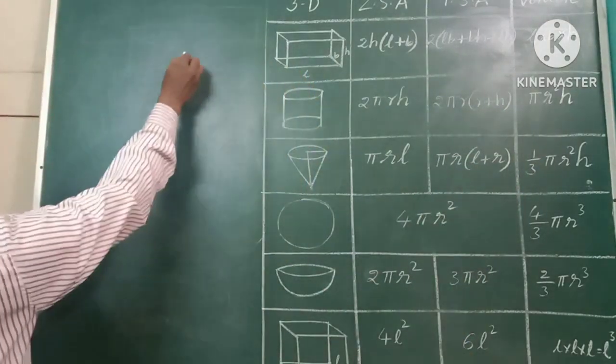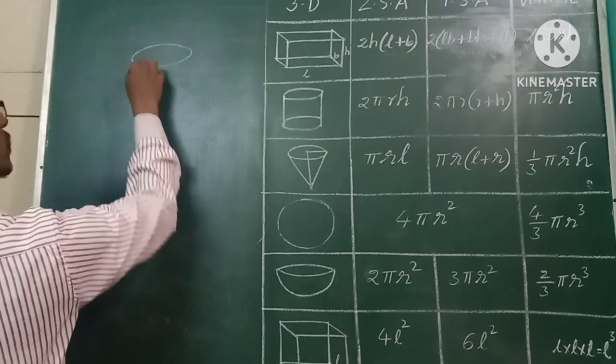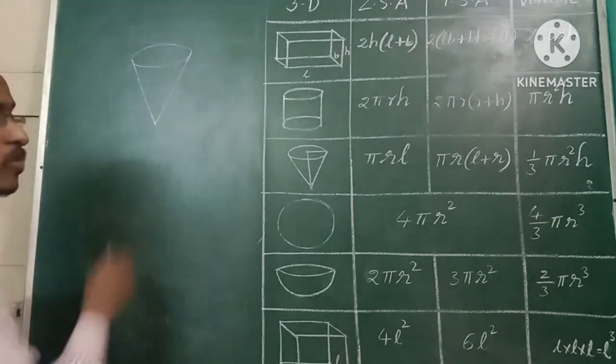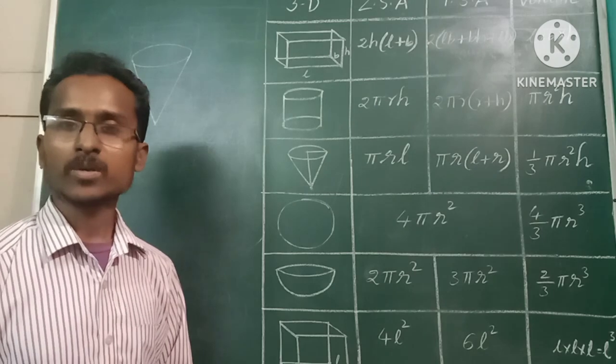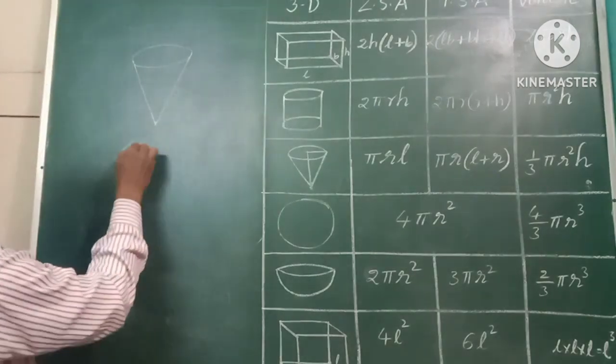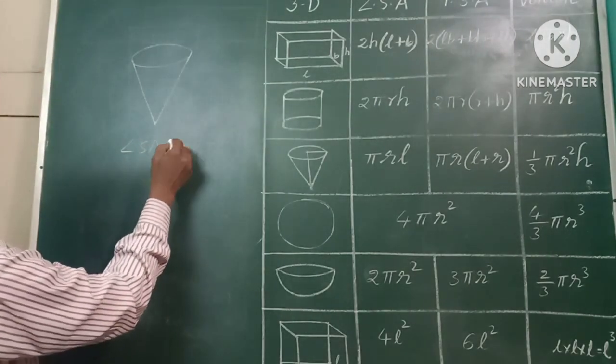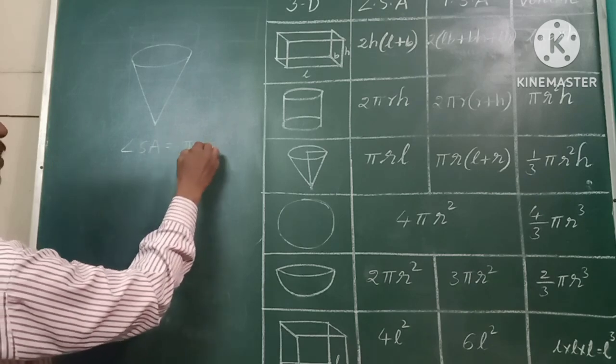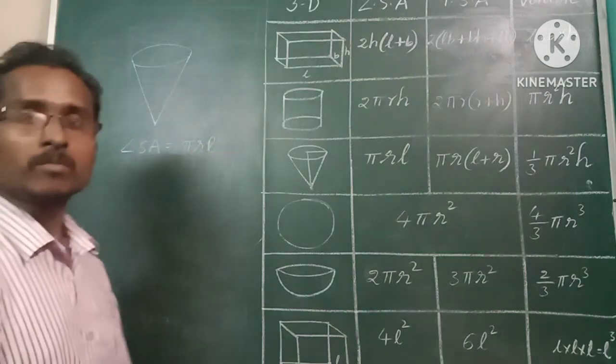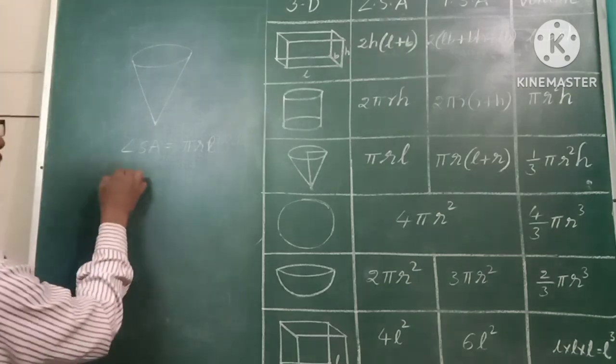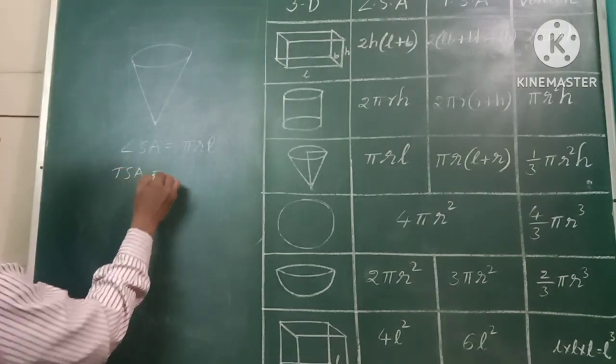A cone is in the shape of an ice cream cone or a joker cap. What is the LSA of a cone? Pi r l. What is TSA? Total surface area.